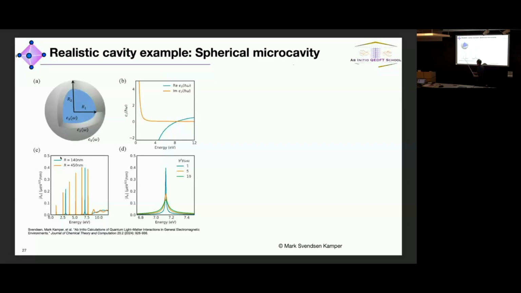These look very narrow on the screen, but for these ones it's somewhat broad. If we zoom in, I'm not sure which radius this is, maybe 60 nanometers, something like that. Here he played around with the losses in the cavity, that's the gamma.